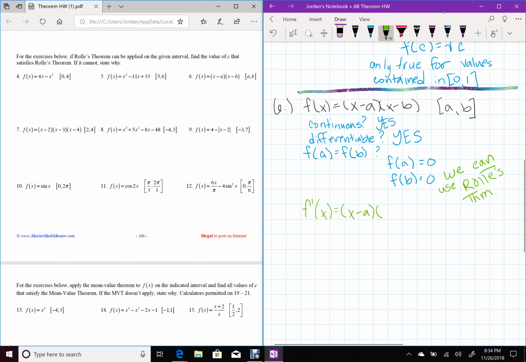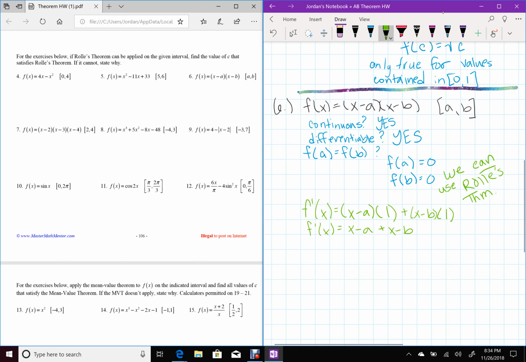Well, b is a constant, so it goes 0, and then x is a variable that we're deriving with respect to, so it's 1, plus second, d first, similar thing. Our a is a constant, so we take the derivative and it's 0, and the derivative of x is just 1. So f prime of x is equal to x minus a plus x minus b.